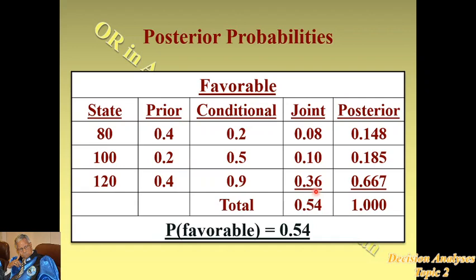The 0.54 is the probability of favorable, the marginal probability of favorable.